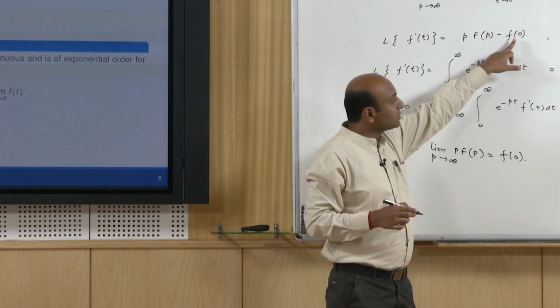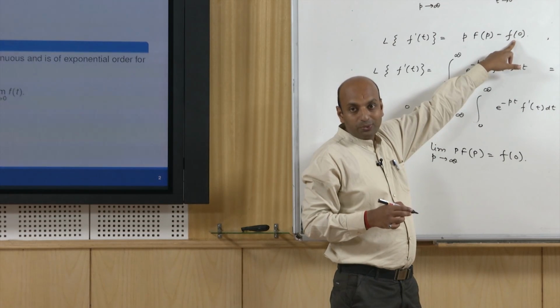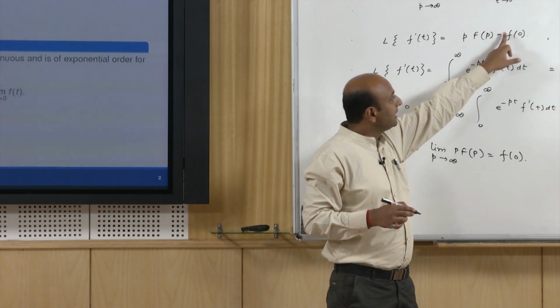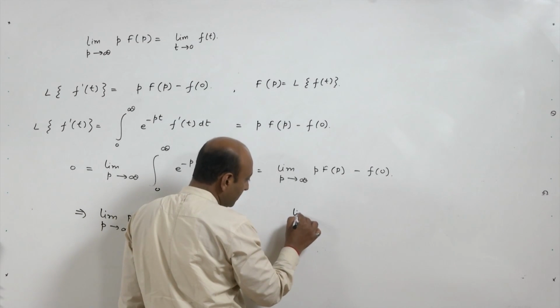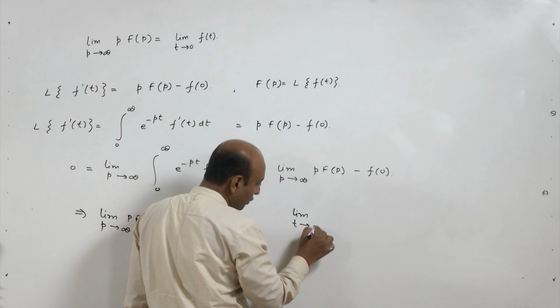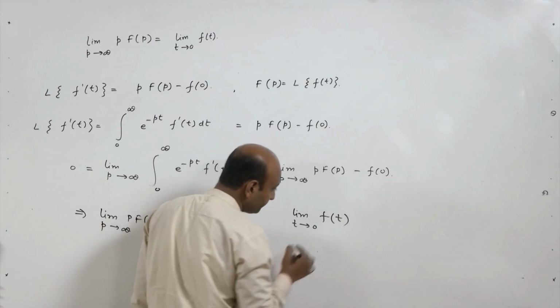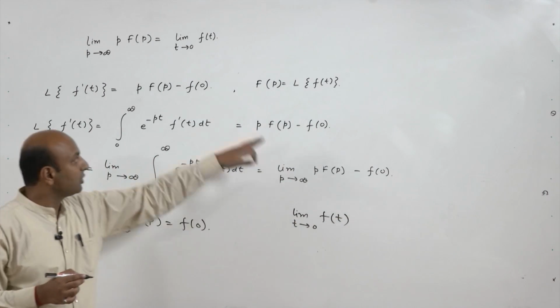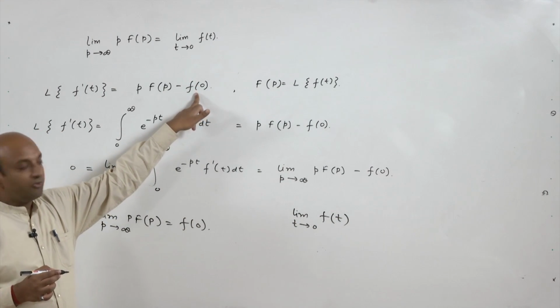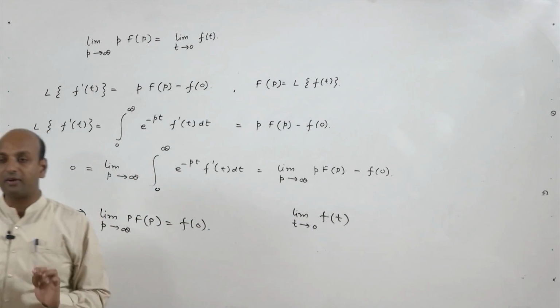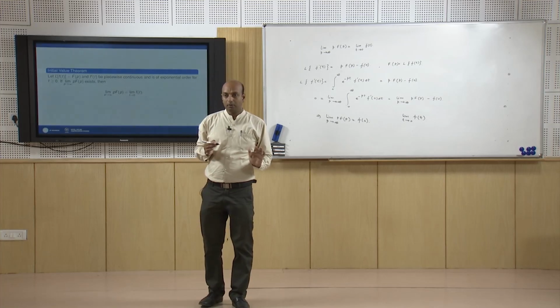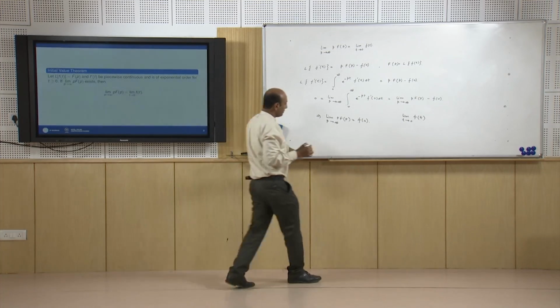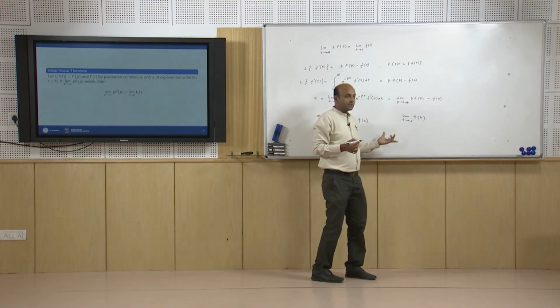If the function is not continuous at t equal to 0, then instead of obtaining f 0, we will obtain limit t tending to 0 f t over here. Instead of this expression, we will obtain this expression if f is not continuous at t equal to 0. So basically things are the same.